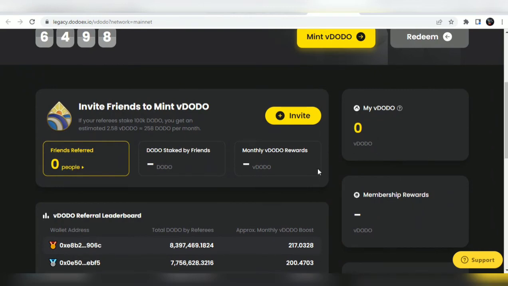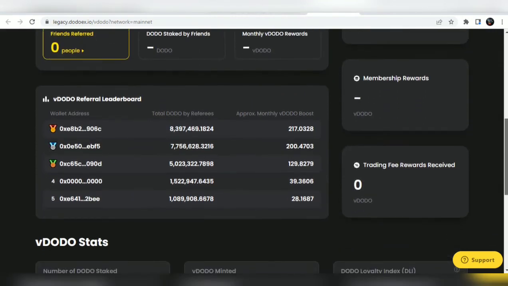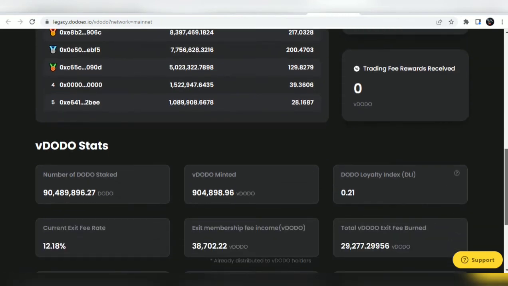For example, if your referee stakes 100,000 DODO tokens, you get an estimated 2.58 VDODO, which is like 258 DODO per month. You can also refer your friends to stake their VDODO and earn.